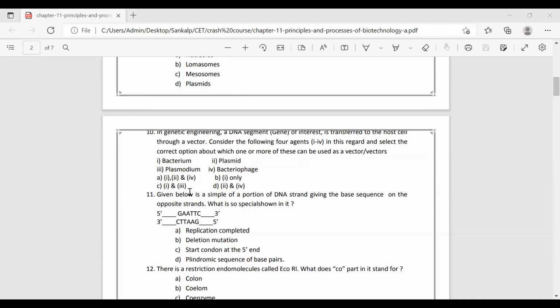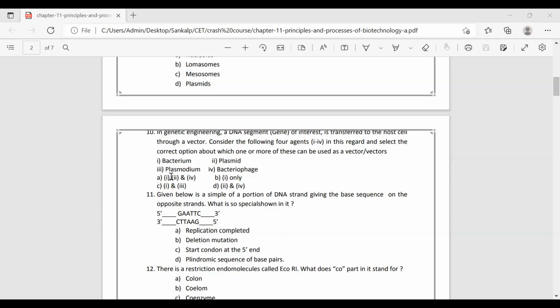Plasmid and the 4th one is bacteriophage. What they ask: consider the following 4 agents in genetic engineering, that is transferring to the host cell, and select the correct option about which one or more of these can be used as a vector. The second one, a plasmid, we can use, and the 4th one, a bacteriophage, we can use.